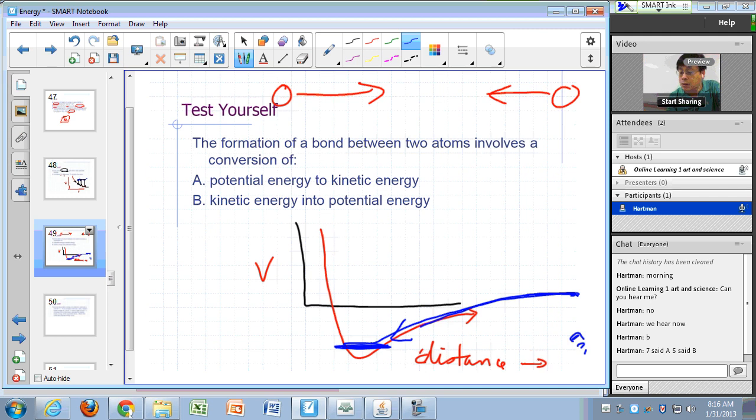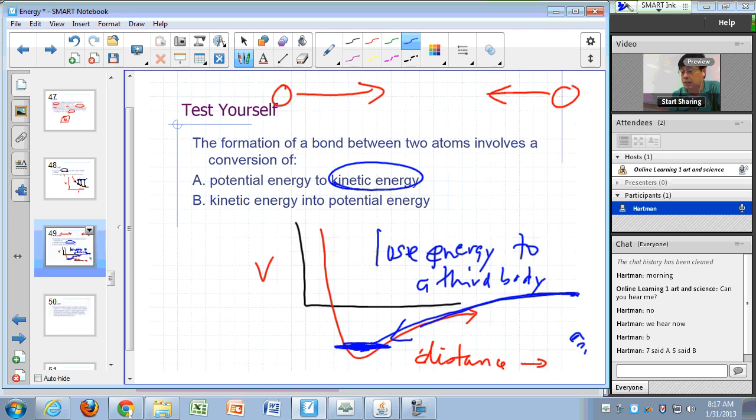Okay, so if you're losing potential energy, that potential energy is being lost. So they're going to lose energy to a third body. So the answer is, it becomes kinetic energy of a third body.